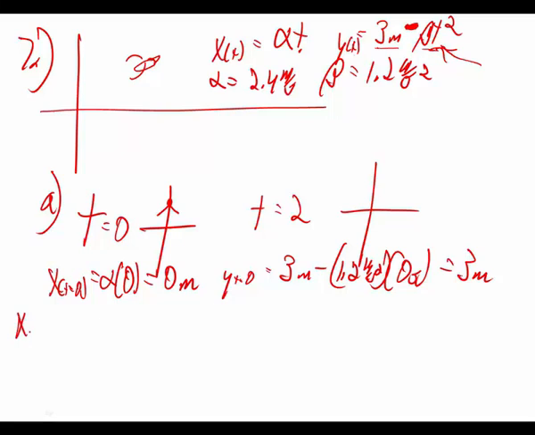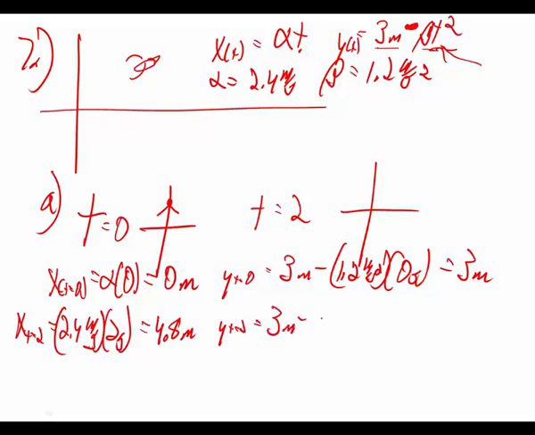And then x at t equal 2, we got 2.4 meters per second times 2, that's 4.8. And then y at t equal to 2 seconds is 3 minus 1.2 meters per second squared times 2 seconds squared, and that comes to a negative 1.8, right?